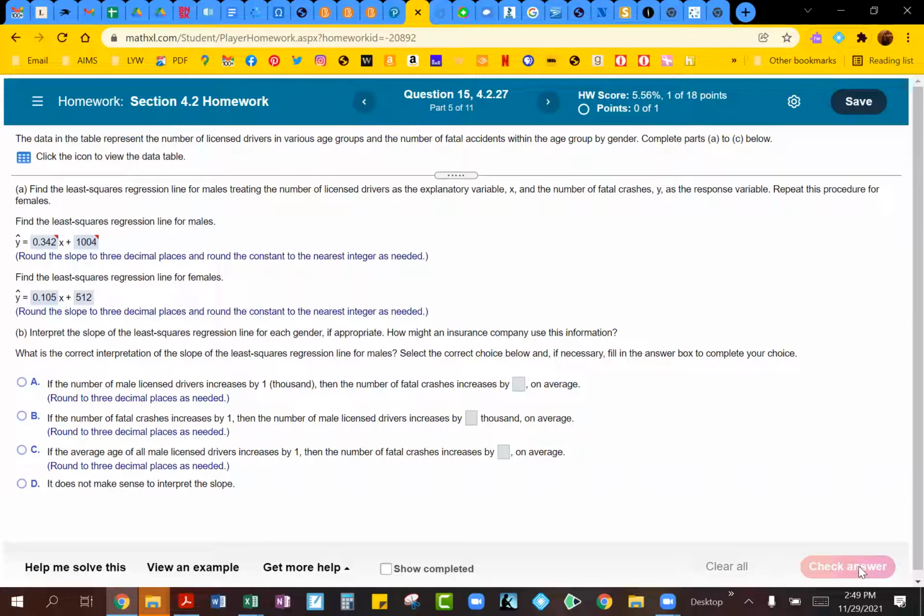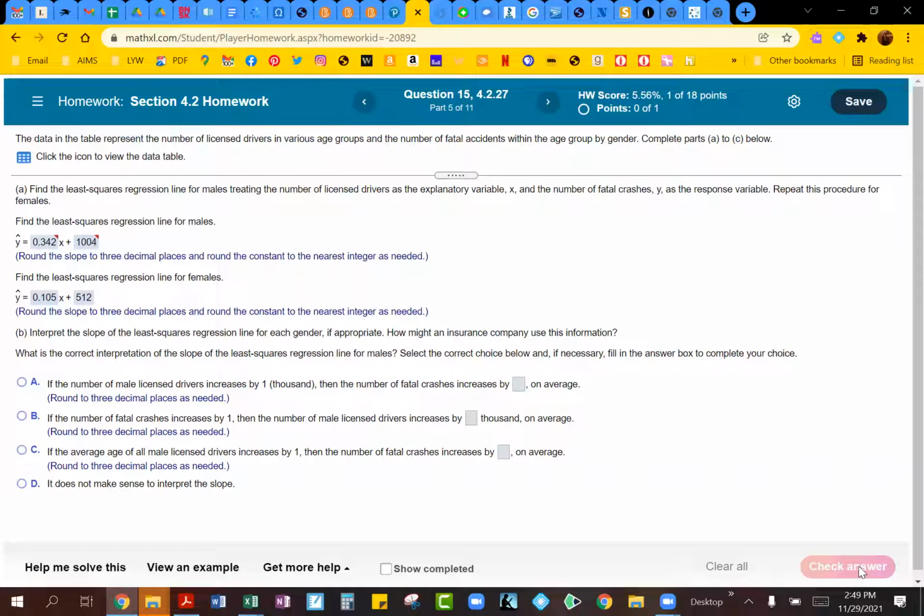They're saying if the number of fatal crashes increases by 1, then by how many more licensed drivers will you have? Part C is saying if the average of all male licensed drivers increases by 1, then the number of fatal crashes will increase by what on average?